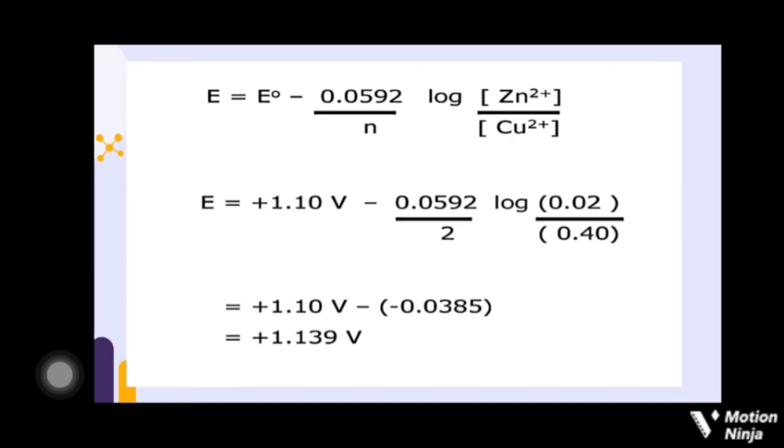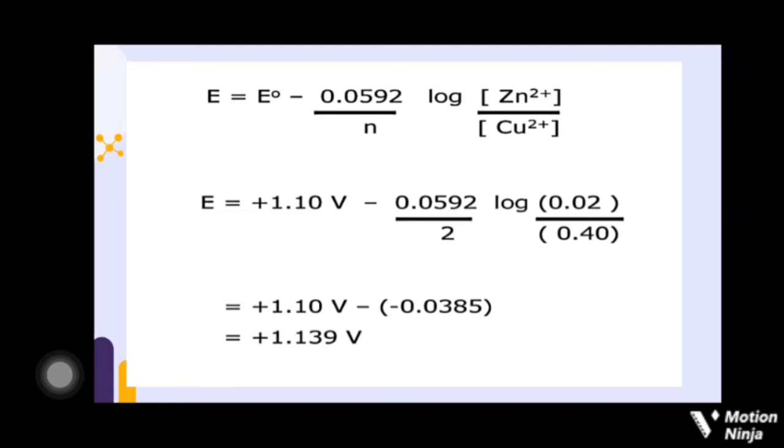Since copper is way more positive than zinc, it will be our cathode, positive 0.34 volts, minus our anode, which is the zinc, that has negative 0.76 volts. Because two negative signs are near each other, you change it into positive, and you will then have positive 1.10 volts.